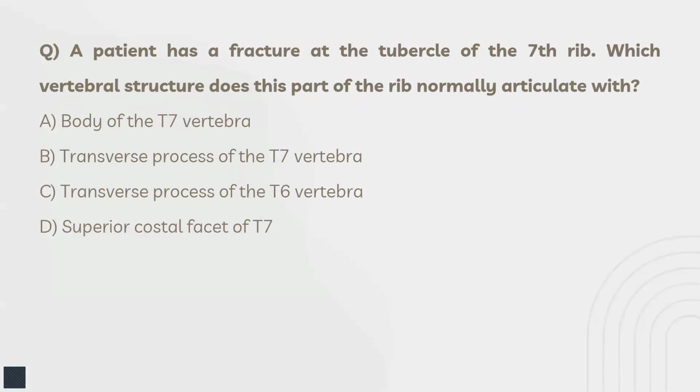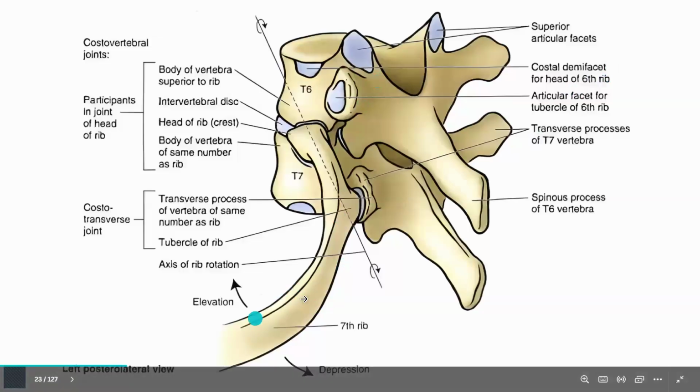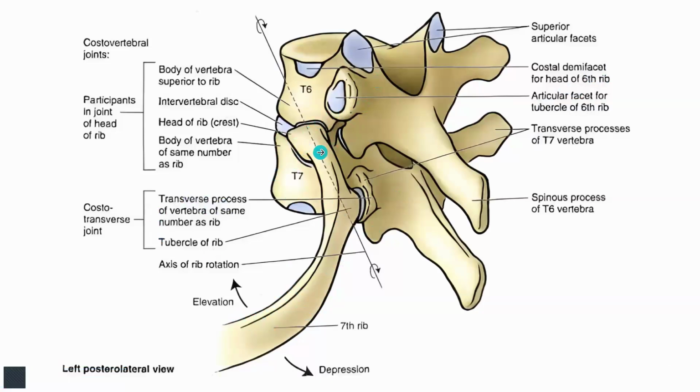The answer is B. Okay, so other than the first rib, ribs articulate with the vertebra corresponding to its number and the vertebra above it. So the seventh rib articulates with T7 and T6.